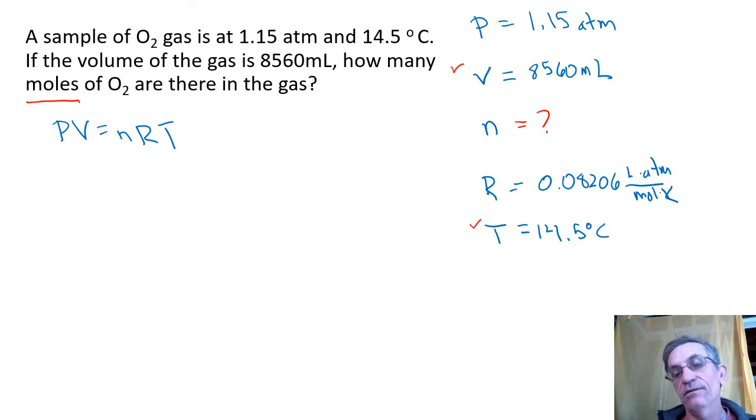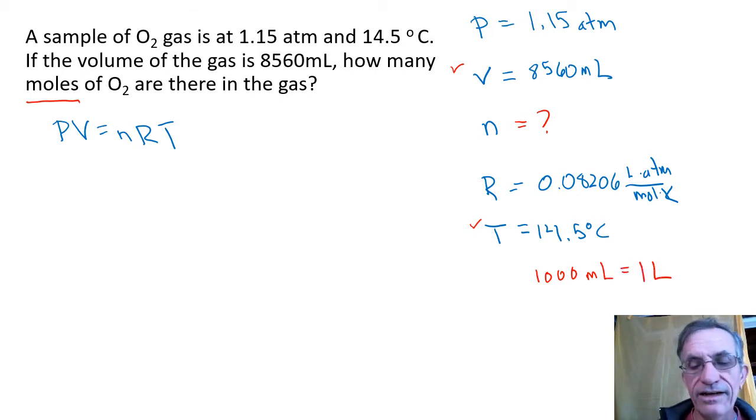All right, so volume is supposed to be in liters, and we have milliliters right now. We haven't done this in a while, so let me just remind you. The way you can convert between milliliters and liters, let me put it at the bottom here because I don't have a lot of room: 1,000 milliliters is 1 liter. That's the easiest way to go between. So if we have milliliters and I need to know this number in liters, looking at that conversion factor, milliliters needs to cancel, so you put your milliliters on the bottom.